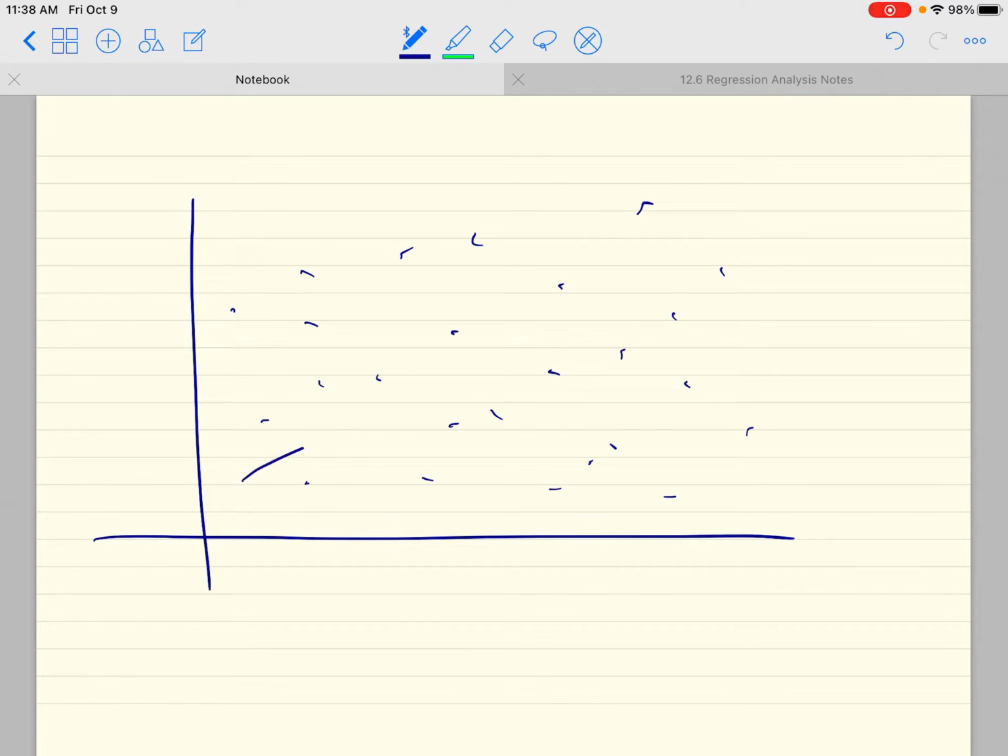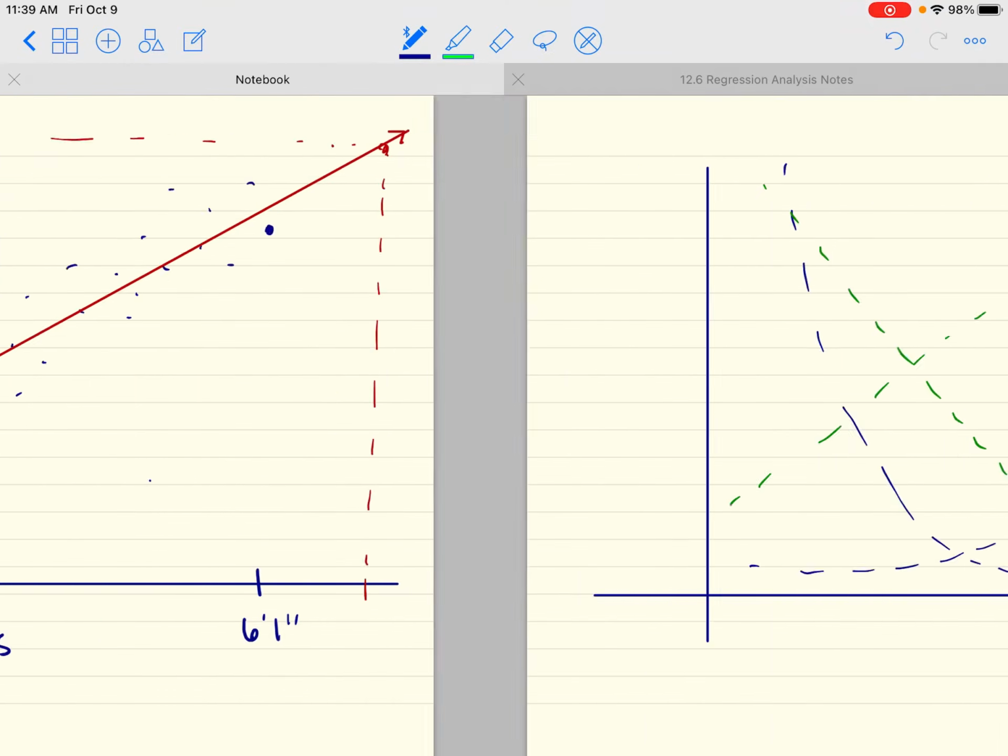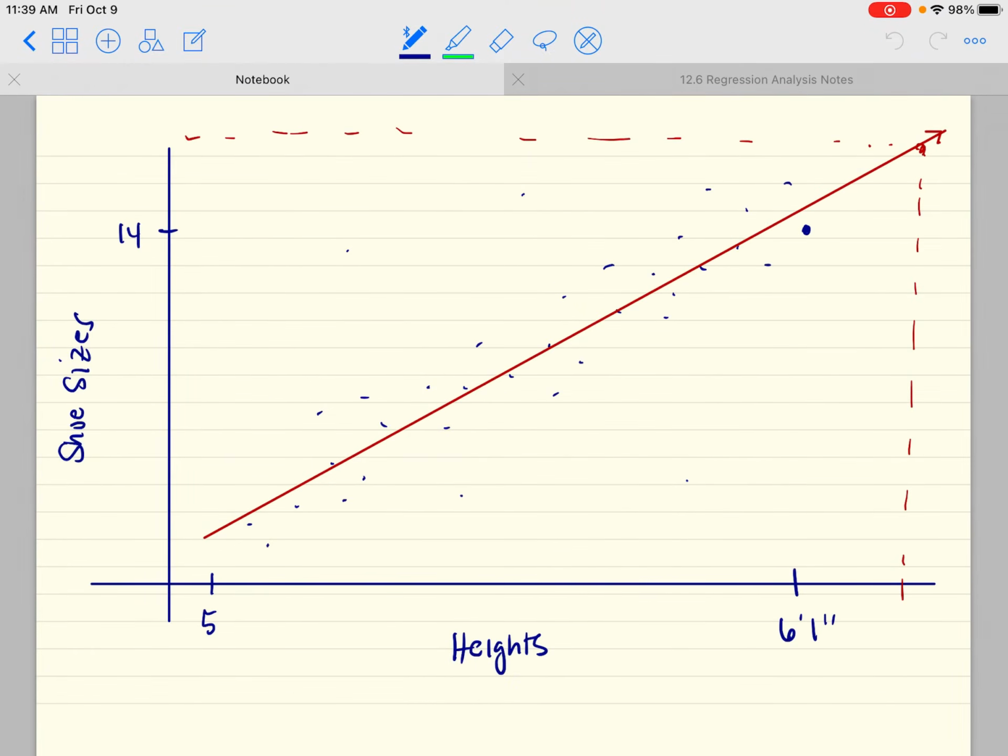I can still ask it to create a line of best fit, but that line of best fit doesn't really capture what's happening like it did here. So how am I going to know when I calculate my line of best fit or my exponential model of best fit whether that's really a good model, whether the line or the exponential model that we've drawn really models what's happening in the picture?